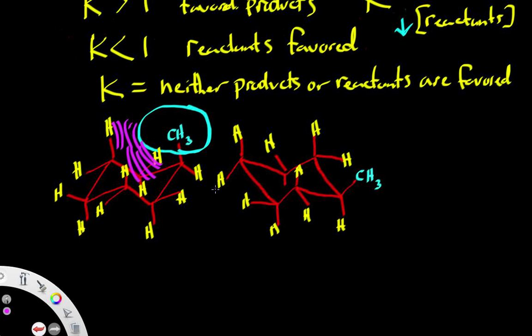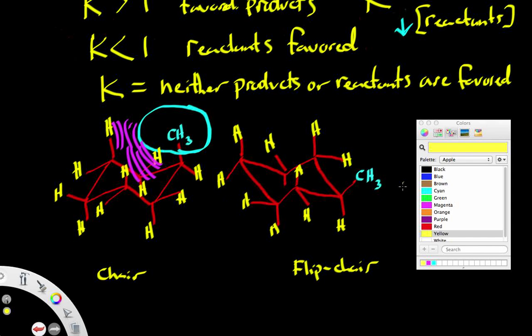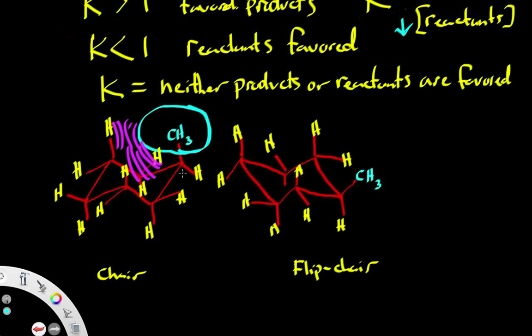And as you can see, as we went through this chair to flip chair conformation, we actually demonstrated that we moved from this carbon to this carbon, as mentioned in our previous example, and shown in our previous example.